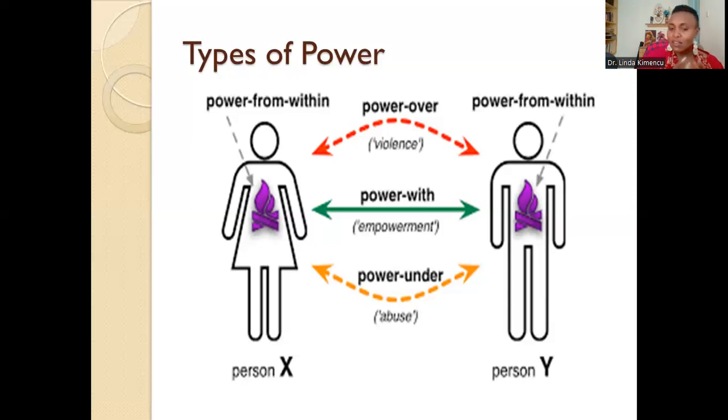So there's another power that we call power to. And power to, just like power within, is the power to act. You have the power to do something.